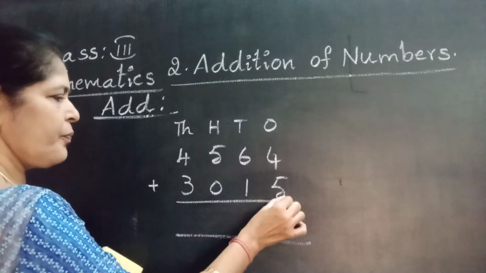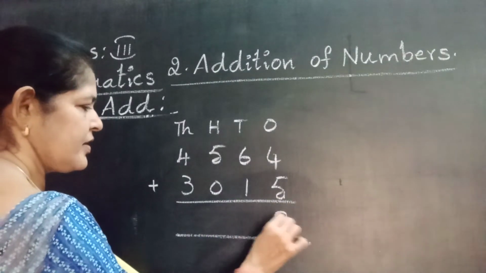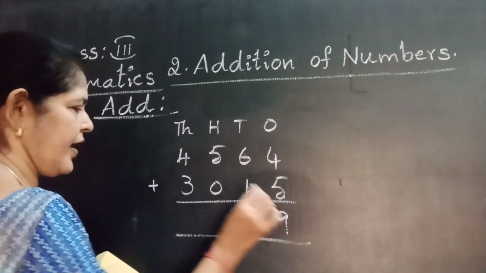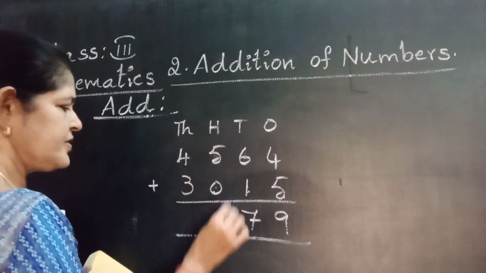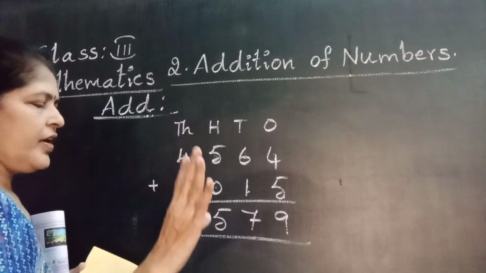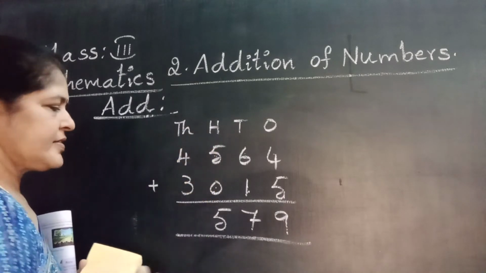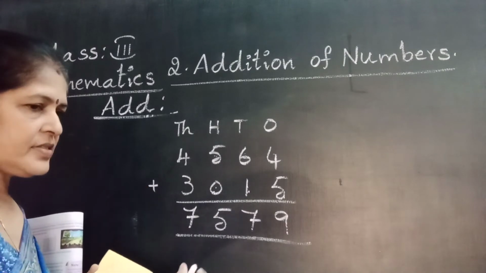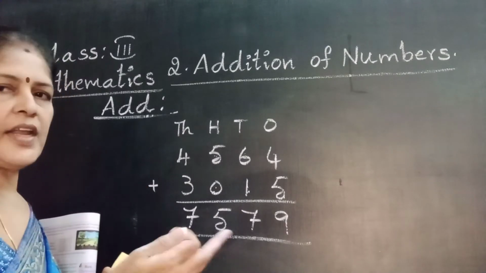Same process. 4 plus 5, yes, 9. 6 plus 1, yes, number plus 1, next number. 5 plus 0, number plus 0, same number. 4 plus 3. Take 4 fingers. 3 after 4, 5, 6, 7. This is a 4 digit number, 2 lines, yes, without regrouping.